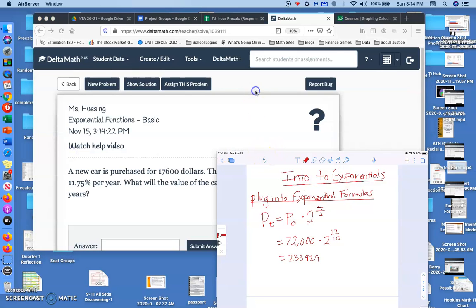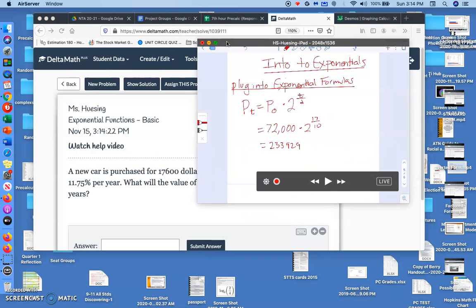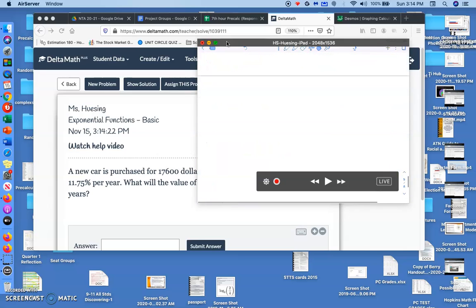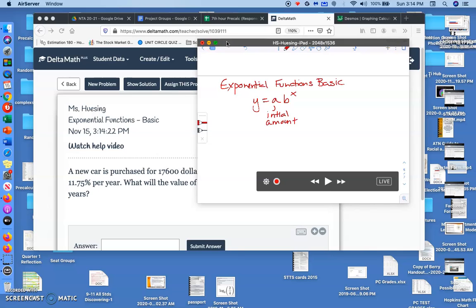The second type that we're going to take a look at is exponential functions, the basic one. Our basic exponential function is y equals a times b to the x, where a is our initial amount, x stands for our time, and b stands for our rate.